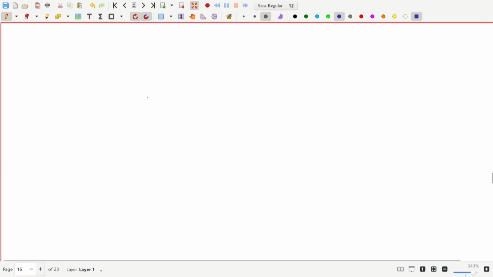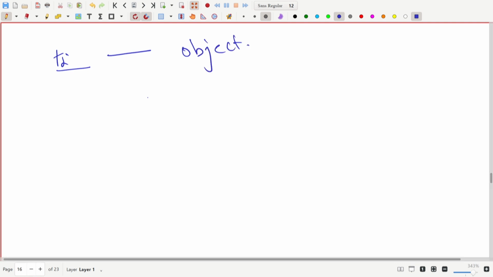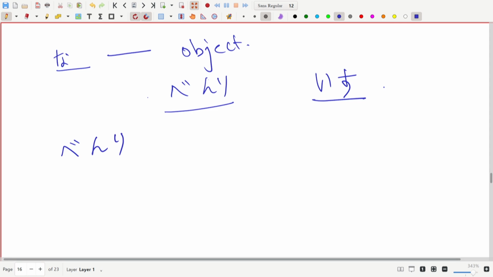Now suppose we want to put na type adjective before any object. Then how we will use it? If we want to say convenient chair, convenient in Japanese is benri and chair is isu. If we want to put benri before isu, how we will use it? My sentence is convenient chair is this.